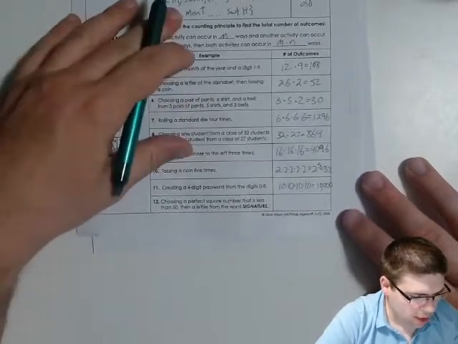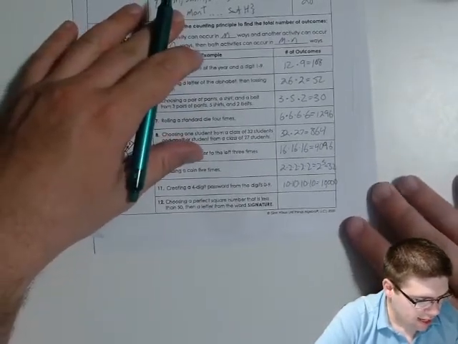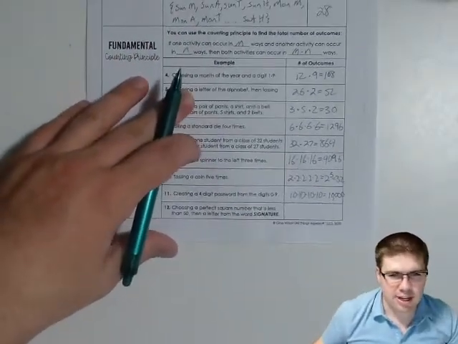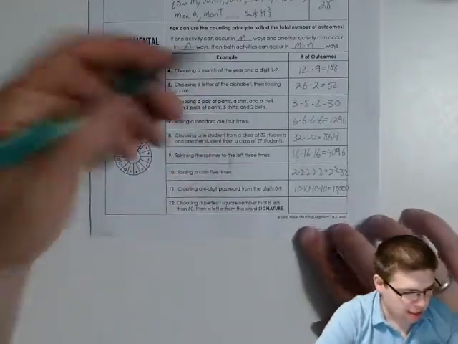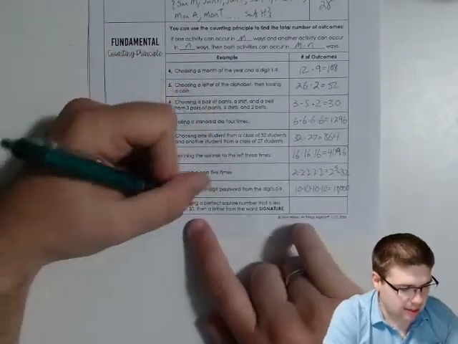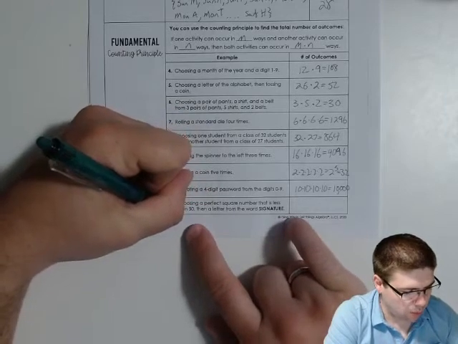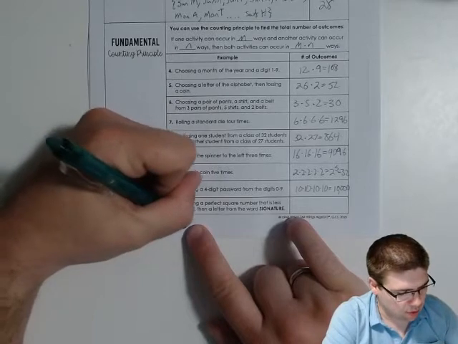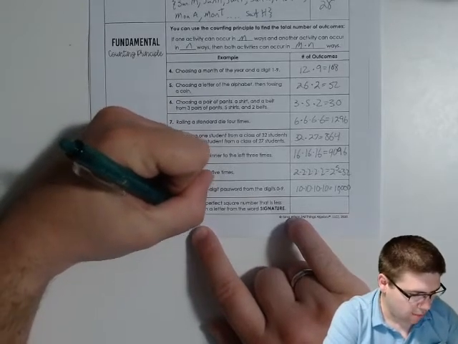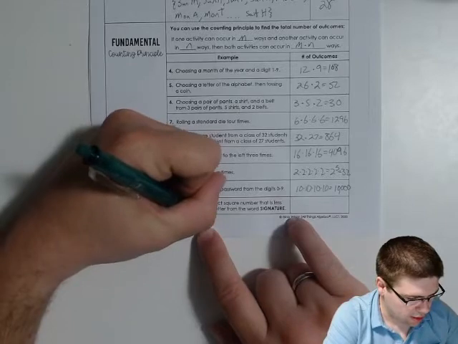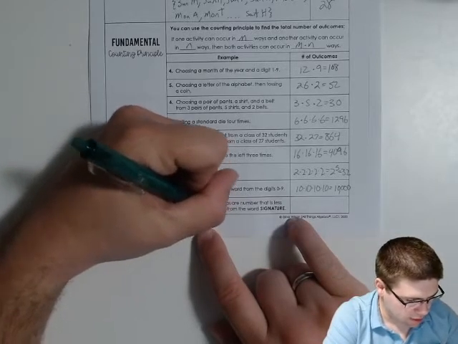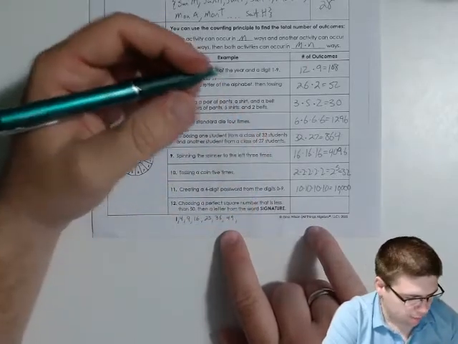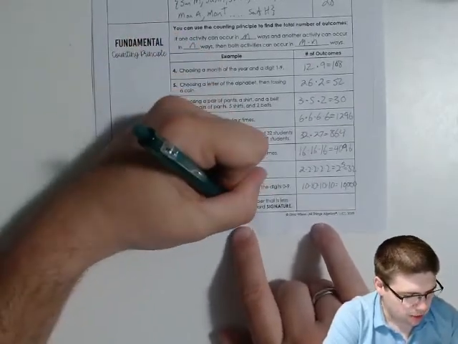Choosing a perfect square number that is less than 50, then a letter from the word signature. This is where it gets kind of tricky when you combine these together. Perfect squares less than 50: 1 squared is 1, 2 squared is 4, 3 squared is 9, 4 squared is 16, 5 squared is 25, 6 squared is 36, 7 squared is 49, sneaking under there. 8 squared is 64.